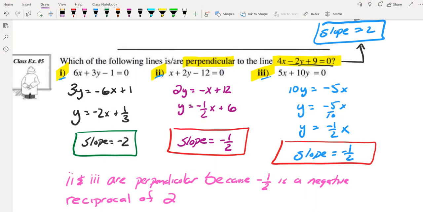So hopefully you found the slope of line 1 to be -2 and the slope of lines 2 and 3 to be -1/2. So lines 2 and 3 are perpendicular because -1/2 is a negative reciprocal of 2, which is the slope of the line that was given.